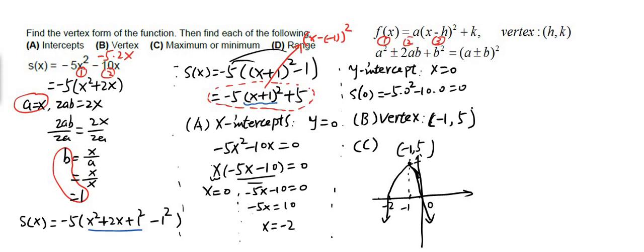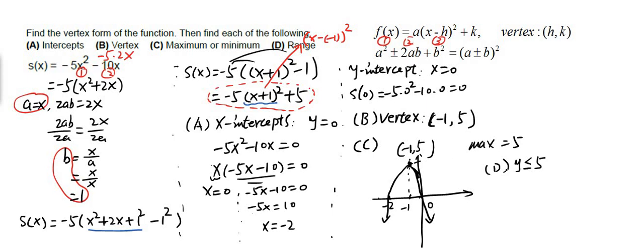From the curve we can tell we have the highest point, so that means the maximum equals 5. D, the range should be y less than or equal to 5, because the highest point is here.